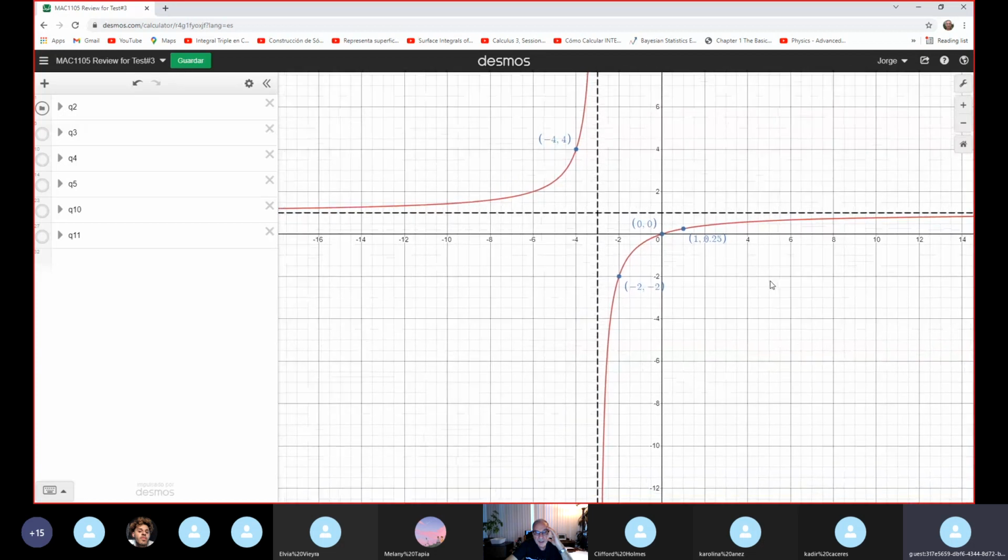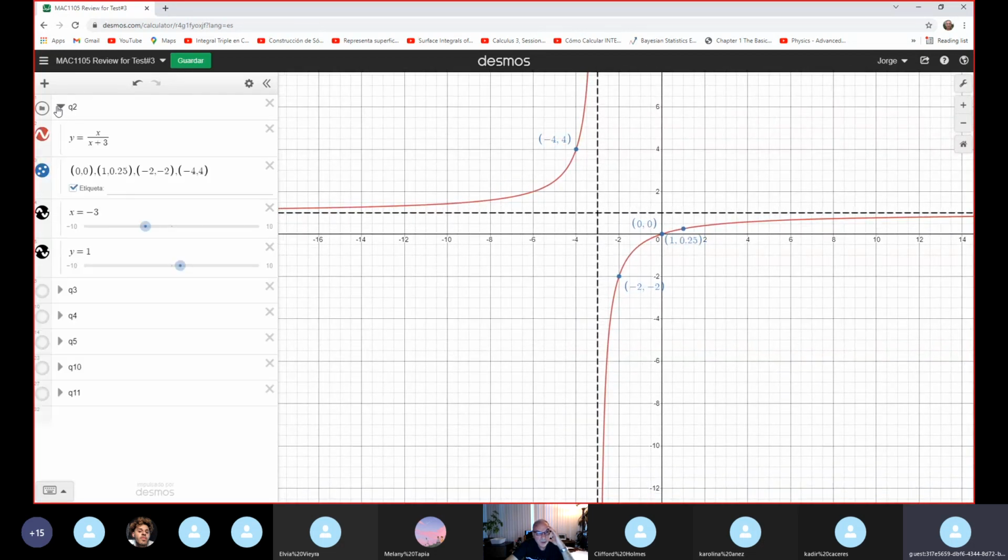I make a zoom. You see it clear like the water. We have here the function. This is my function, I put it in red color. I put the famous vertical asymptote and the famous horizontal asymptote.